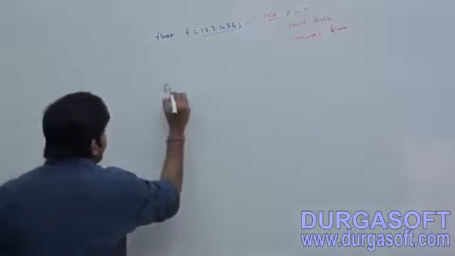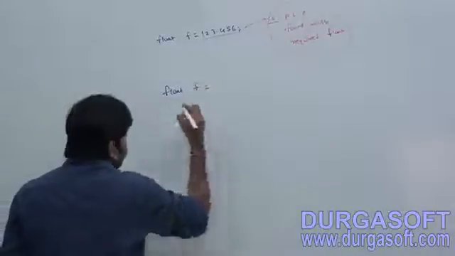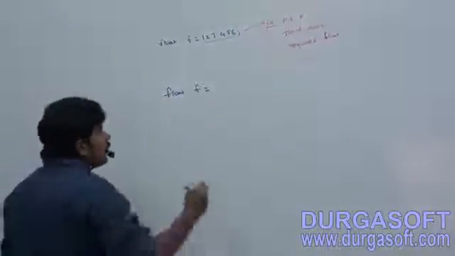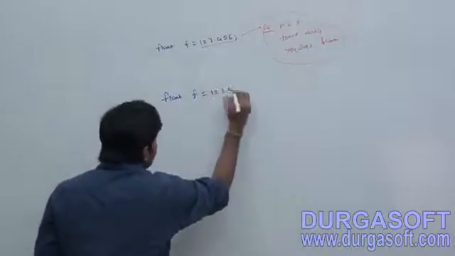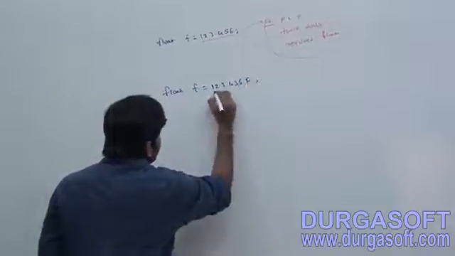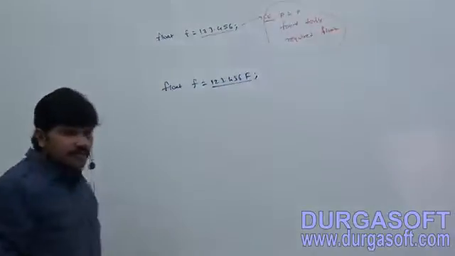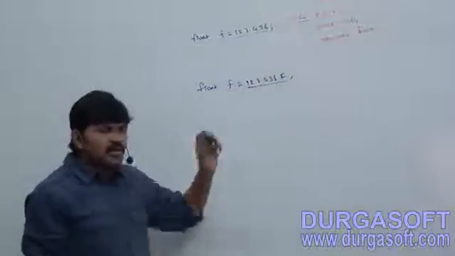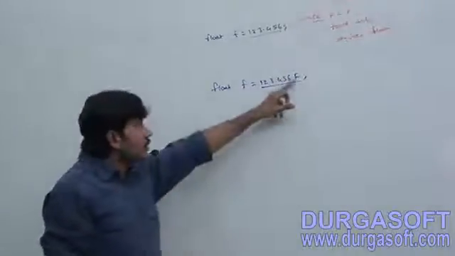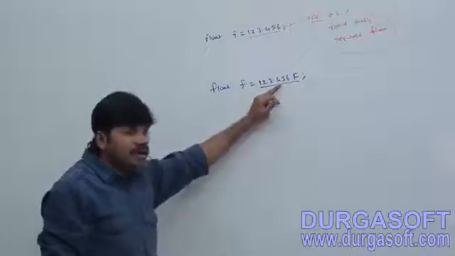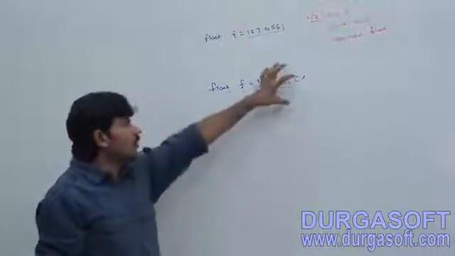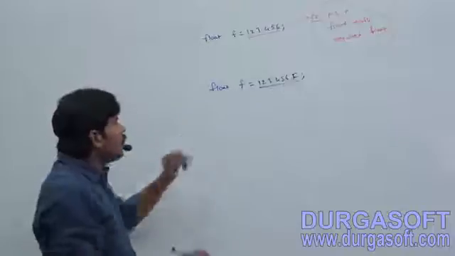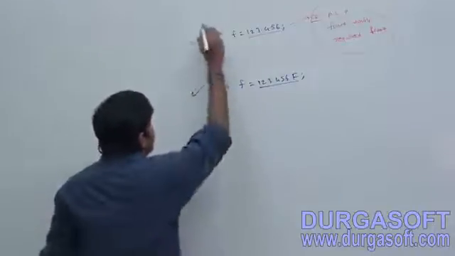Float f is equal to 123.456 with small f or capital F. If a number is suffixed with small f or capital F, now this number is treated as float type. No problem at all, acceptable, right?